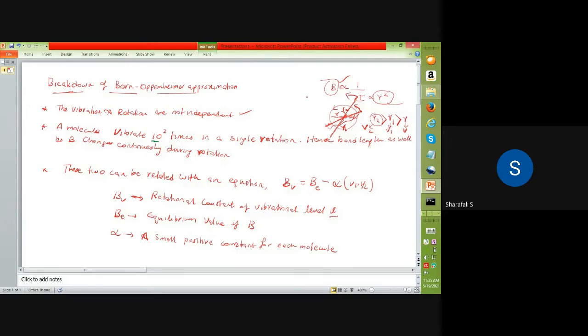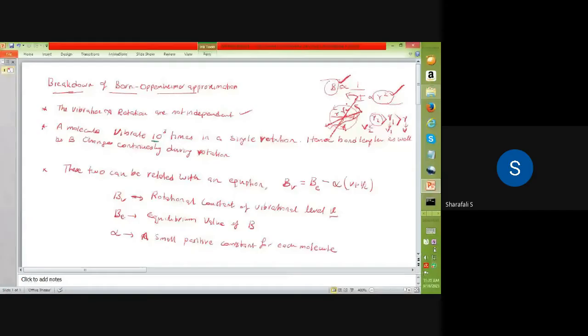So in each case, we have different rotational constants, because our bond length is different. You can obviously see from this equation that when your R is different, your B is going to be different.